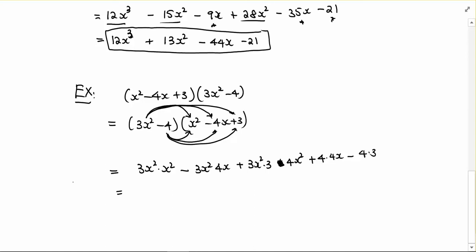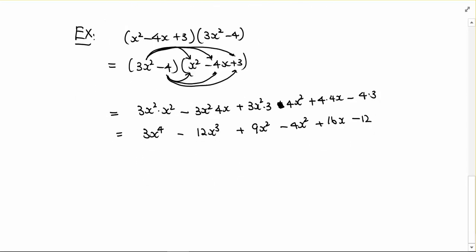So I don't try to think of too many things. I'm just trying to think of the distribution and the signs when I do that step. And now I'm going to go back through and do the multiplication. So here it's going to be 3x to the 4th minus 12x to the 3rd plus 9x squared minus 4x squared plus 16x minus 12. And then I worry about combining like terms. So 3x to the 4th doesn't have a partner.